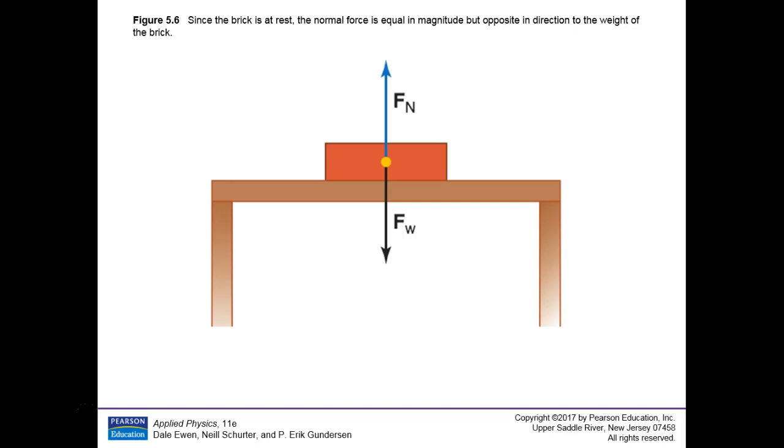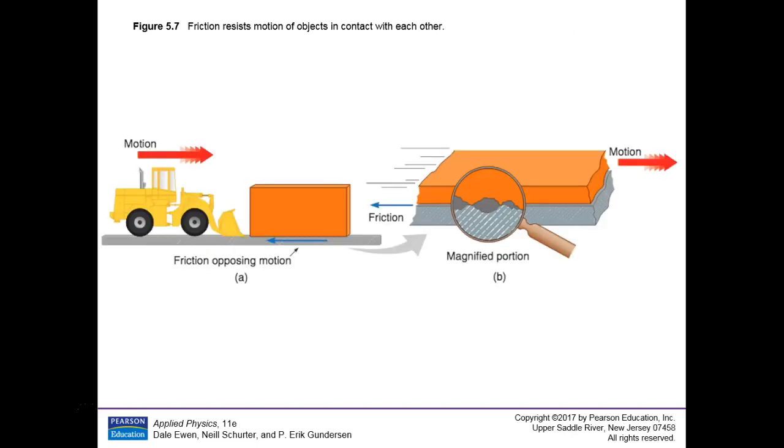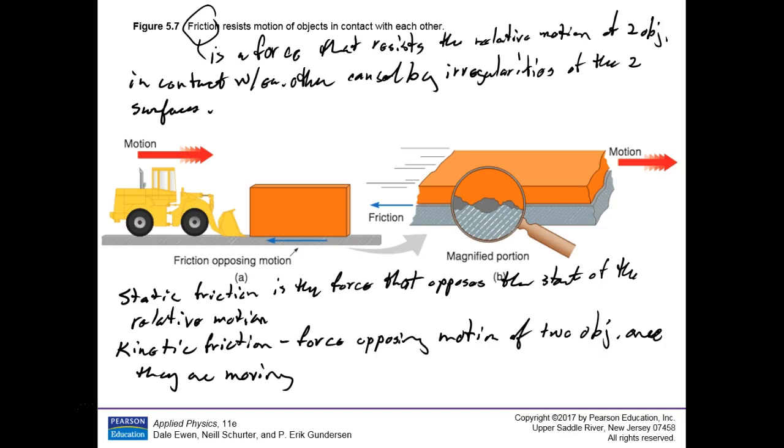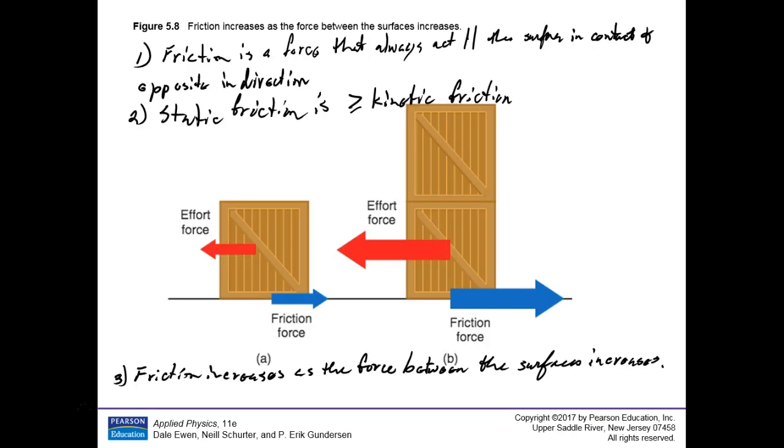The table, if it's not crushing, is pushing up on the brick. That's its normal force. The greater the weight, the greater the normal force. So we'll see coming up in just a little bit that friction is dependent on the normal force, the perpendicular force to the surface of the table, or whatever you've got. We'll see that a little later, but that's why we mentioned normal force before. We didn't do much with it. Here's why we mentioned it.